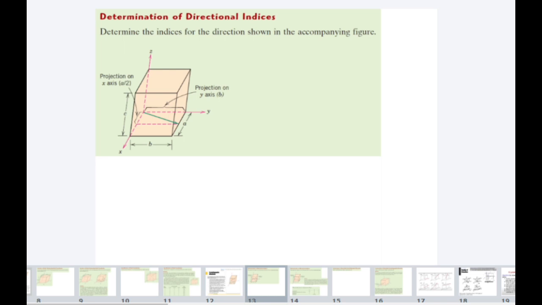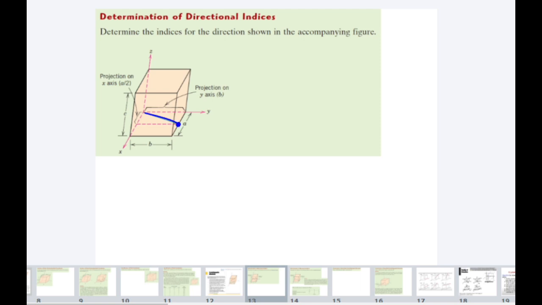Now look here. Determine the indices for the direction shown in this figure. So where is the direction? The green one is the direction. Look here. So for this green direction, what are the indices? What is the representation of the directional indices? You see, this vector is located from the origin to the point here.